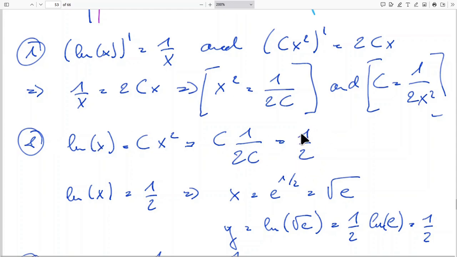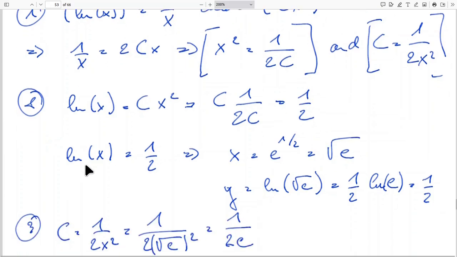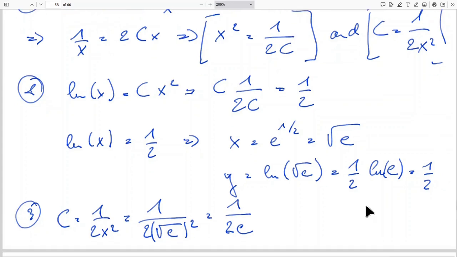That means that ln x is 1/2. So x is e to the power of 1/2, or the square root of e, and y is the ln of the square root of e, or a half of ln e, which is 1/2, which is what we had here already, of course.